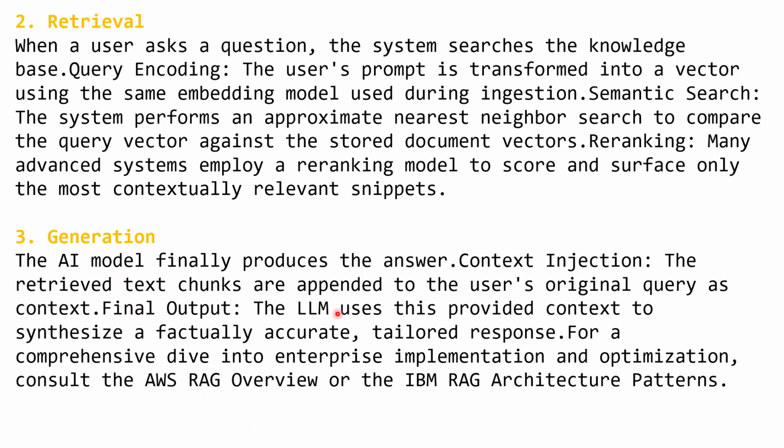The LLM uses this provided context to synthesize a factually accurate, tailored response. For a comprehensive dive into enterprise implementation and optimization, consult the AWS RAG overview or IBM RAG architecture patterns.